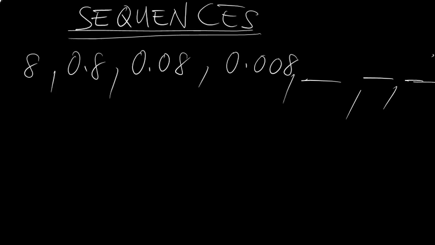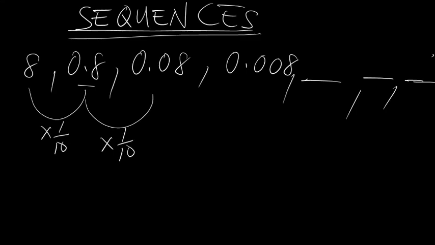Now, if you multiply by 1/10, it gives us the next term, and the next one, if you multiply by 1/10, gives us this.